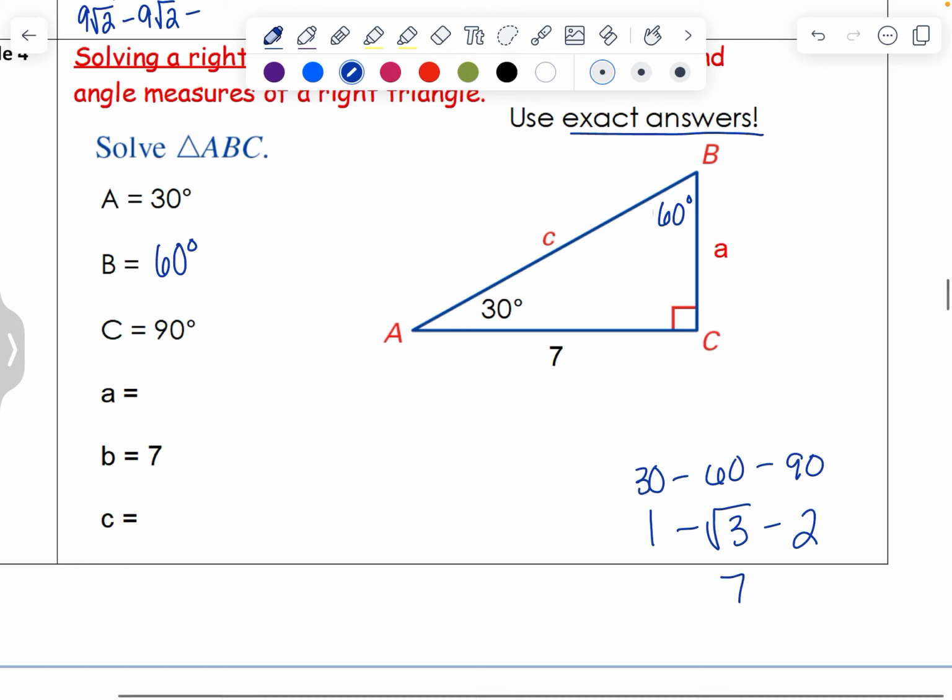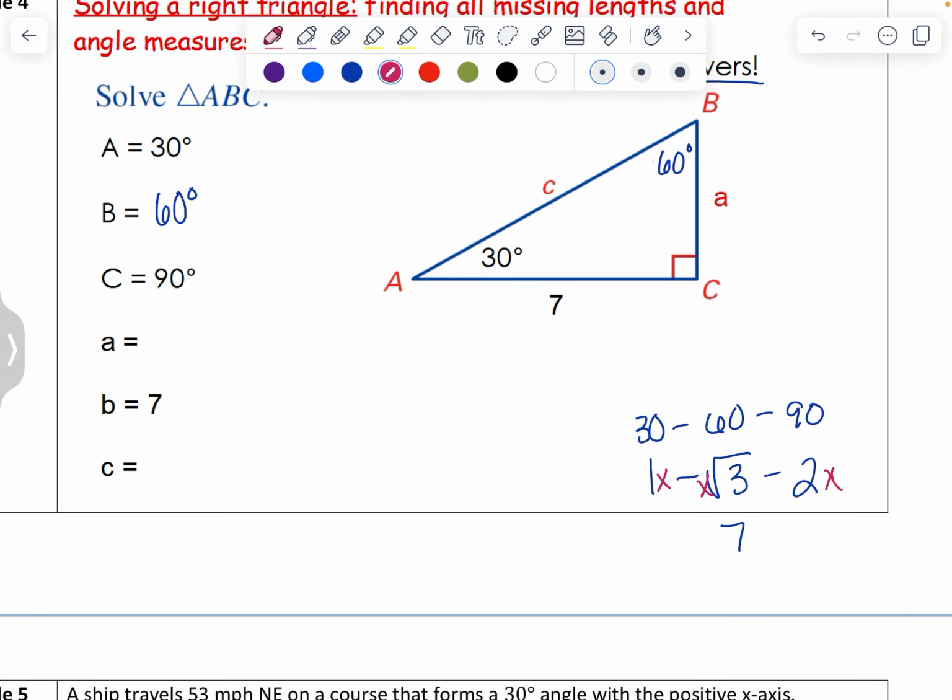And you're given 7 as the side across from the 60 degrees. So if you add some x's in here, like if this is 1x, and this would be x times the square root of 3, this would be 2 times x. So your ratio would be x, x square root of 3, and 2x. That means that your long leg here of 7 is your x times square root of 3.